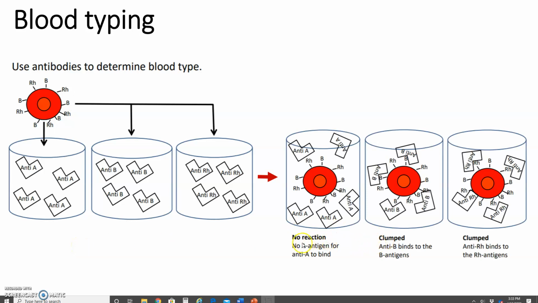If there's no reaction, then that means there's no antigen for the anti-A, meaning this blood type is not A blood type. It is B positive blood type, and so we see anti-B antibodies attacking the B antigens, and we see the anti-Rh antibodies attacking the Rh antigen.